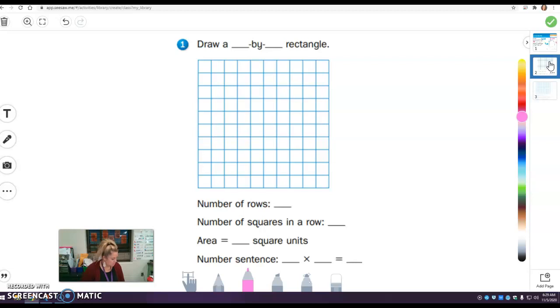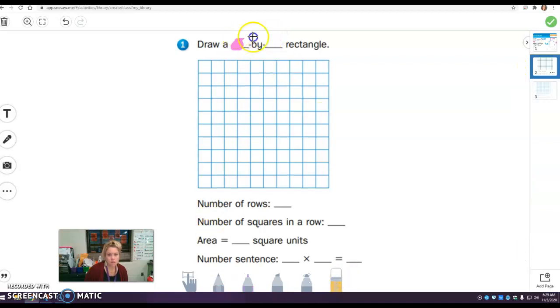So I'm going to tell you for this first one, you're going to draw an 8 by 10 rectangle. Ugh, that doesn't look very good. Hold on. An 8 by 10 rectangle.